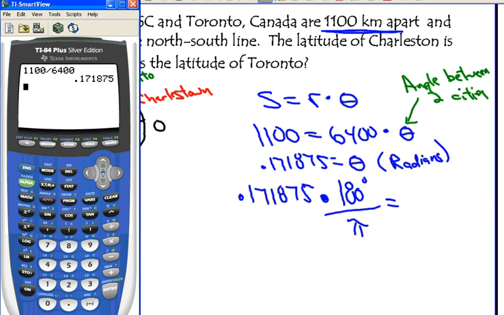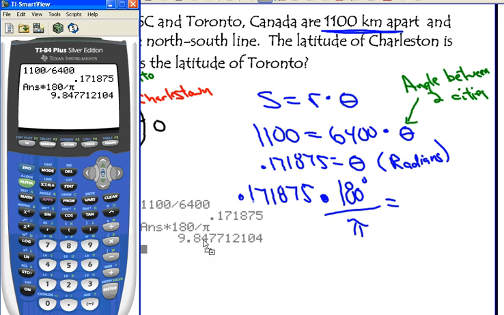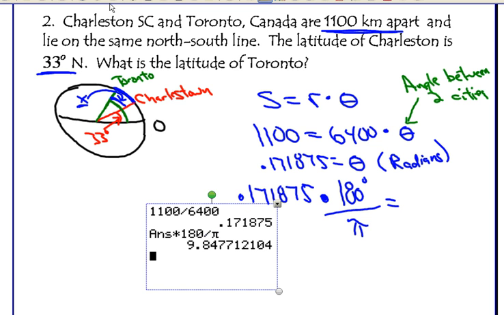So let's get this angle into degrees. I take this, multiply by 180, and divide by pi. And here is my angle. Now it's in degrees. So I get 9.84. Oops, try that again.